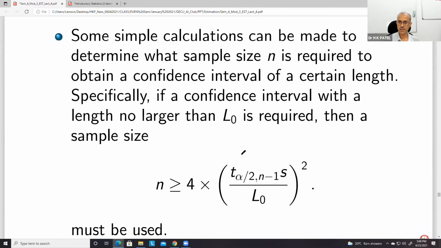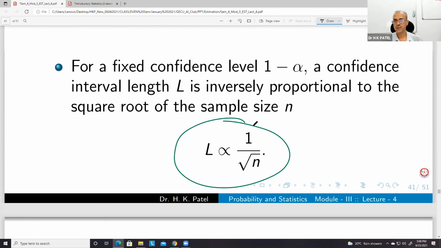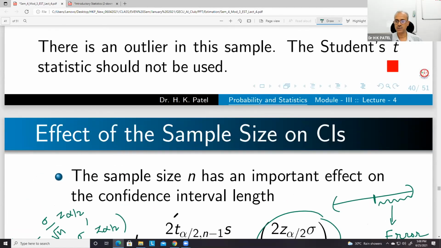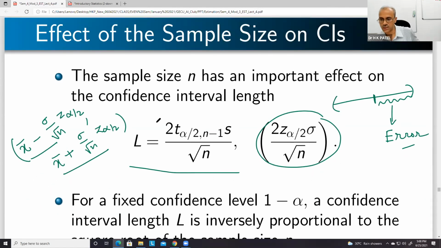And similarly, if we want a confidence interval of length L0, then our sample size should be greater than or equal to this number. These are all calculated from that result, L is equal to 2 z alpha by 2 sigma by root n.